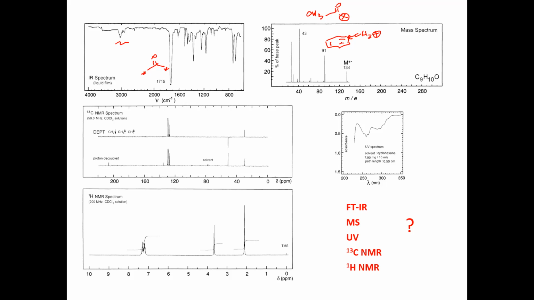What's next? What do you have on the DEPT? The methylene group. And you have one CH or CH3. You don't know yet. What about proton NMR? In proton NMR, you have 10 protons to accommodate. Considering that you start from this side, try to do the integration.